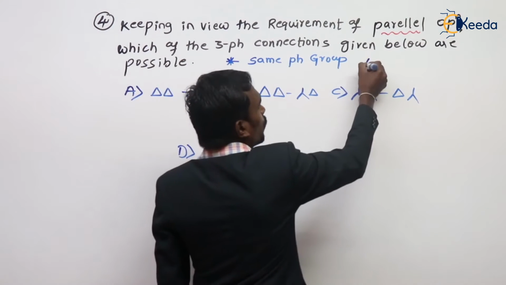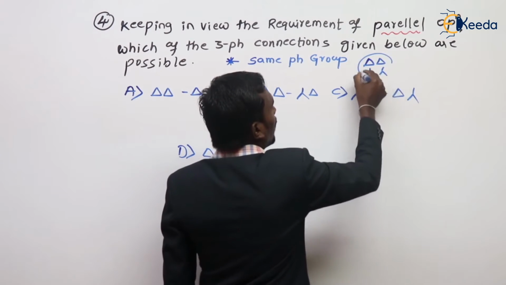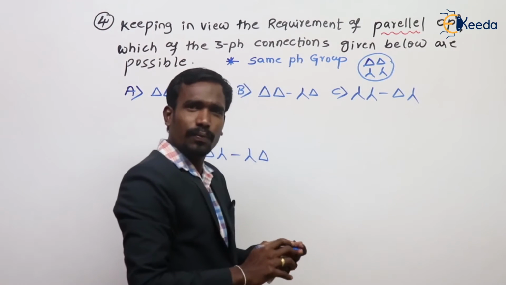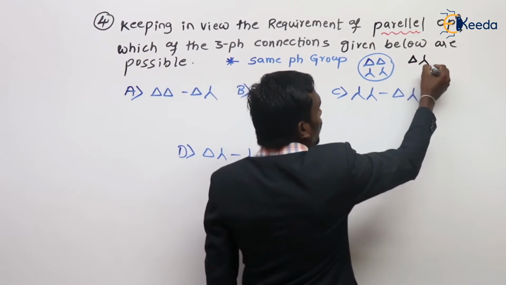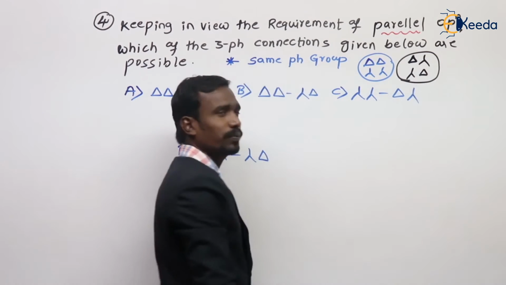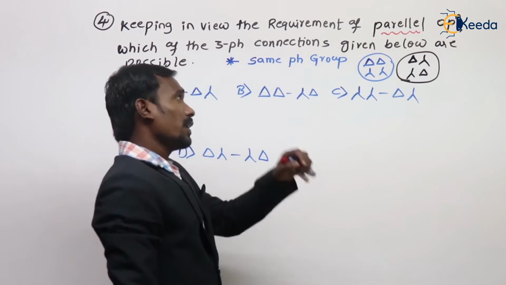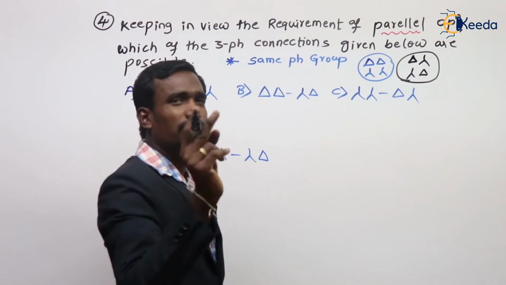I said delta delta and star star belong to one phase group, and delta star and star delta belong to one phase group. For parallel operation, the two transformers should belong to the same phase group.